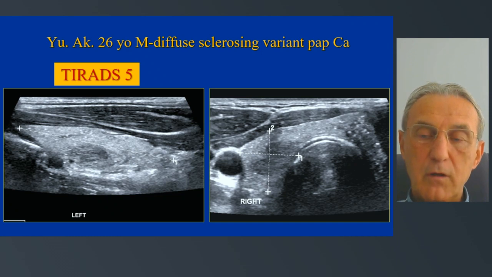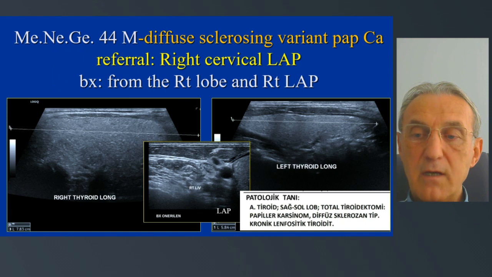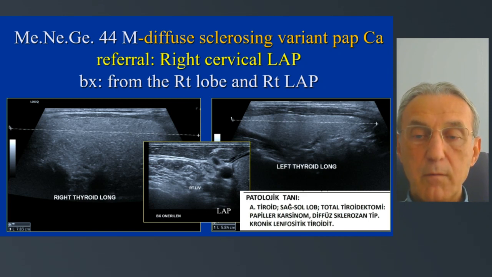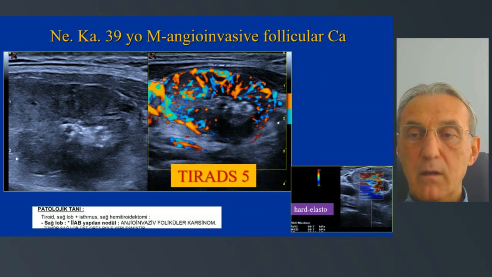And we should be careful about these because they may not make a mess, like in this case, a 26-year-old male, or in this case, you see that the right thyroid gland is very big, left is normal, and there is diffuse infiltration, diffuse macrocalcifications in the right side, and it was biopsied on the right side, and there are lymph nodes also, so the final diagnosis is diffuse sclerosing variant, but we should be very careful because there may not be any focal lesion.